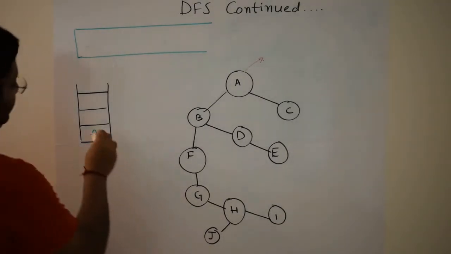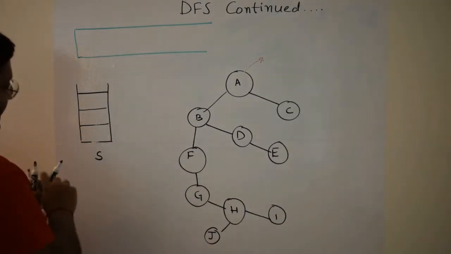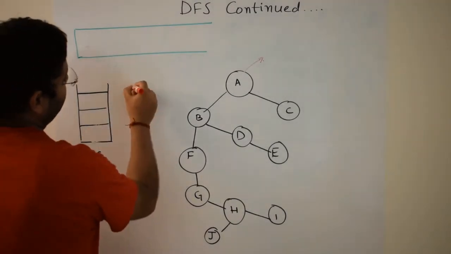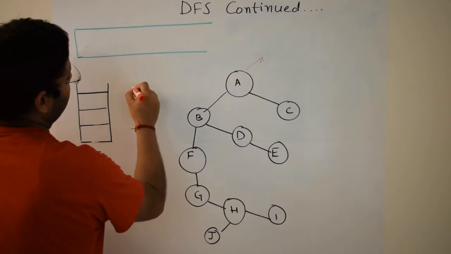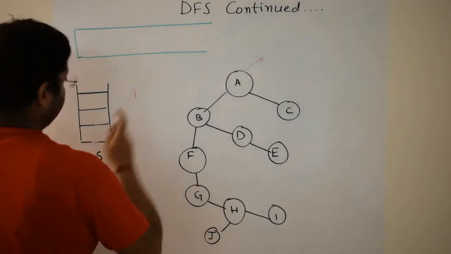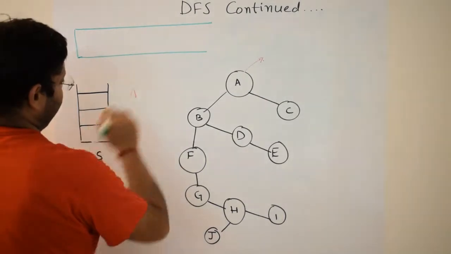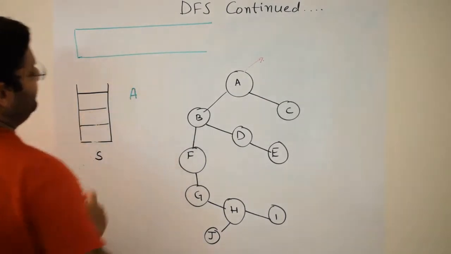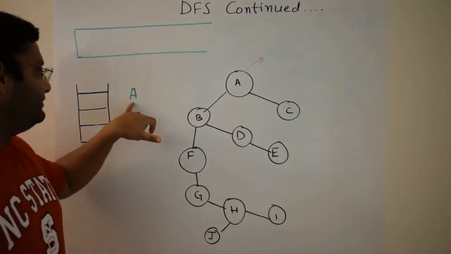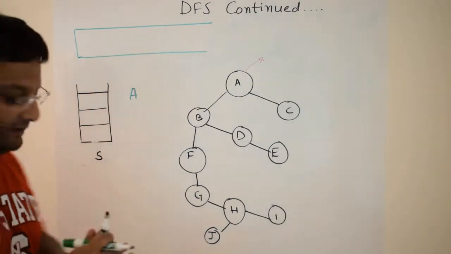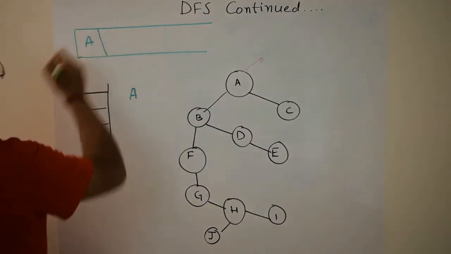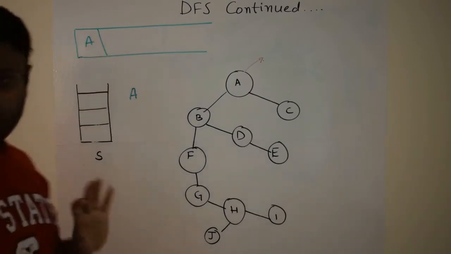So let us say now A has been popped out. Any element which is popped out, in this case A, we mark as visited. So now A stands visited, and this array will keep track of the visited nodes. So A is now visited.